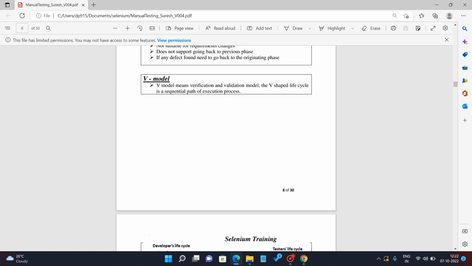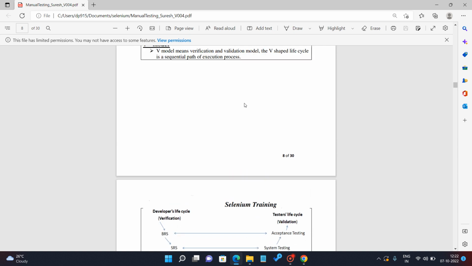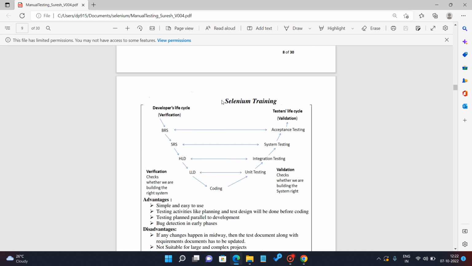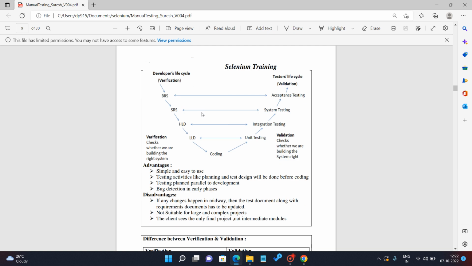The V model means the verification and validation model, a V-shaped life cycle with sequential path execution. In the diagram of the V model we have BRS, SRS, HLD, LLD, coding, unit testing, integration testing, system testing, and acceptance testing.